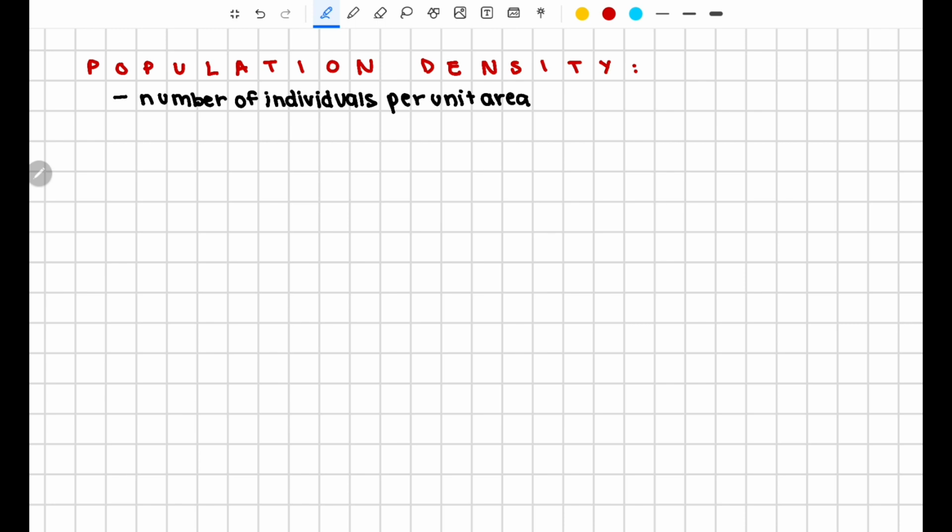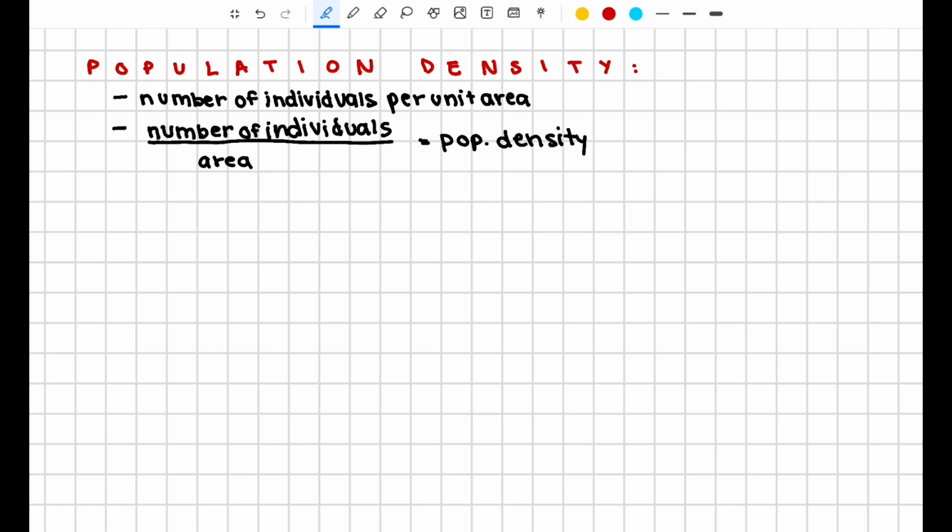Alright, so now that we have a brief understanding of what population density is, we also want to figure out how to calculate it. The calculation is actually fairly simple. It's basically in the definition itself. It's the number of individuals per unit area. So the area is in units squared.